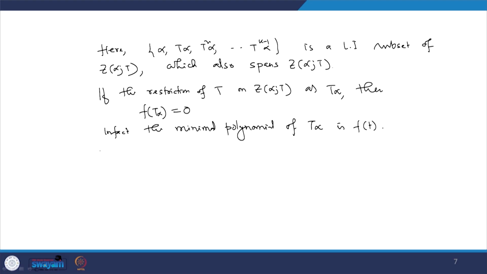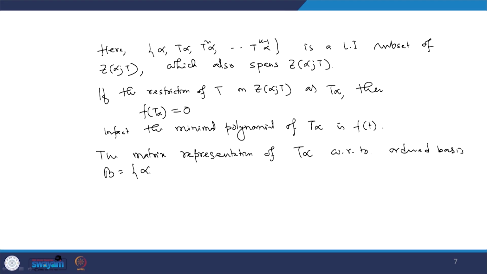The matrix representation of t alpha with respect to the ordered basis B equal to alpha, t alpha, t square alpha up to t to the power k minus 1 alpha.